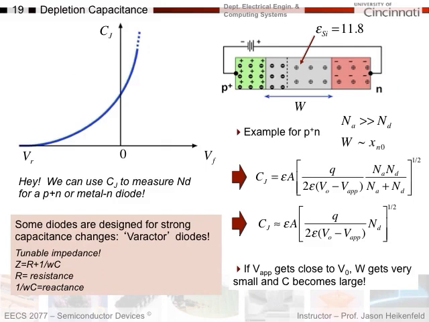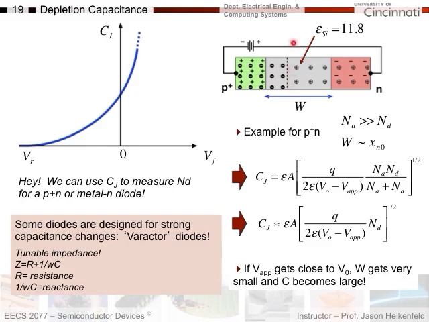Okay, so with this depletion capacitance, if you look at how this changes with voltage, as you put more and more reverse bias voltage on a diode, the depletion region gets bigger, right? And as you start to forward bias a diode, the depletion region gets smaller. And so if the depletion region width gets smaller, my capacitance should increase.